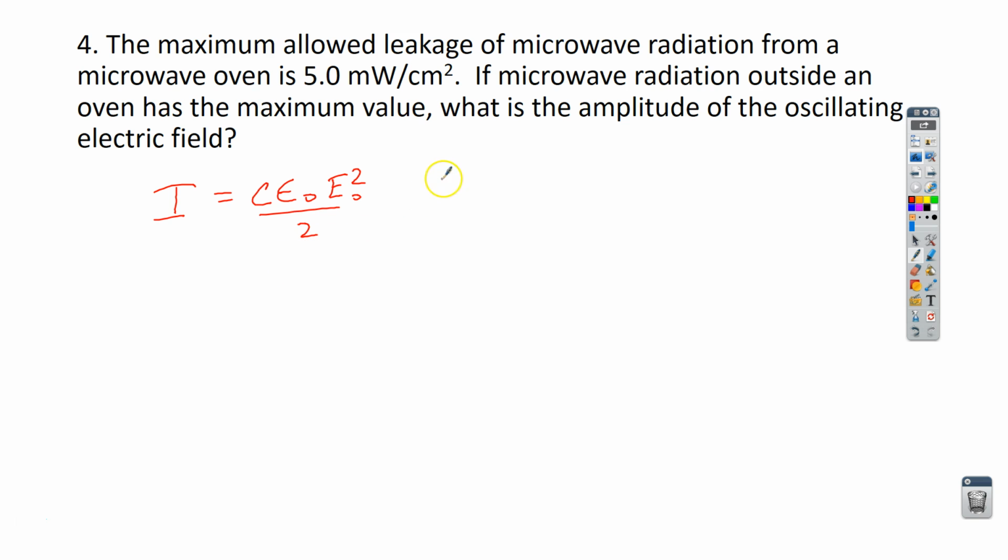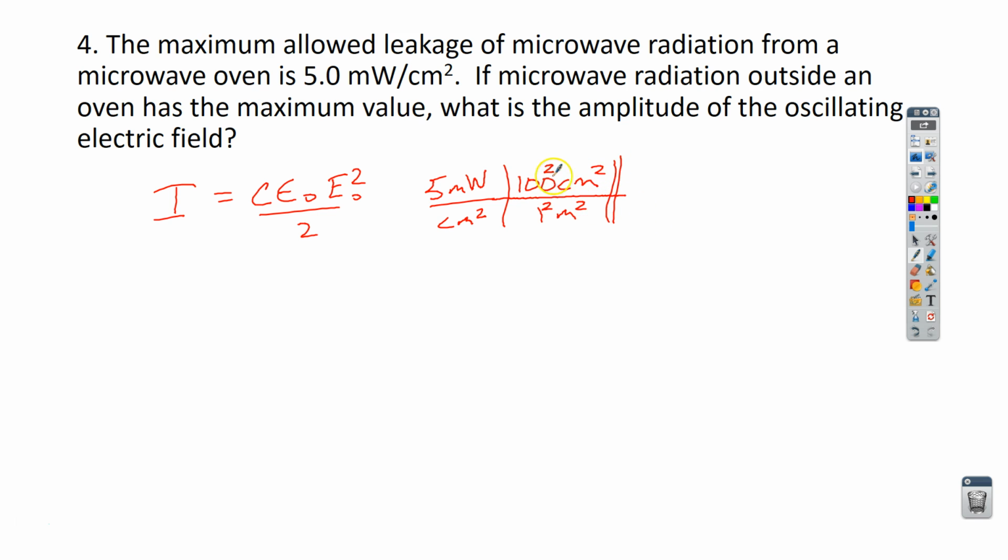So here we know that if I have 5 milliwatts per centimeter squared, I need to get that into watts per square meter. To do that, I know that there are 100 centimeters in 1 meter, but I want to go to meters squared, so I have to square both the 100 centimeters and the 1 meter.